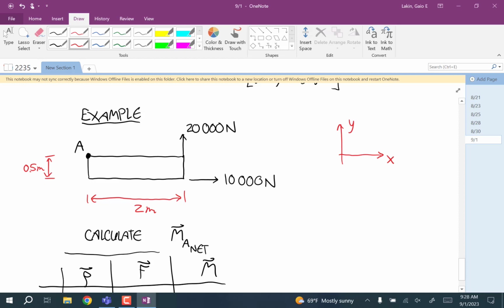So what's that rho vector? It's going to be +2 in the x direction and 0 in the y direction. We're looking at this vector here. If you want, you can always calculate the coordinates of A in some coordinate system, the coordinates of P in the same coordinate system, and just subtract.